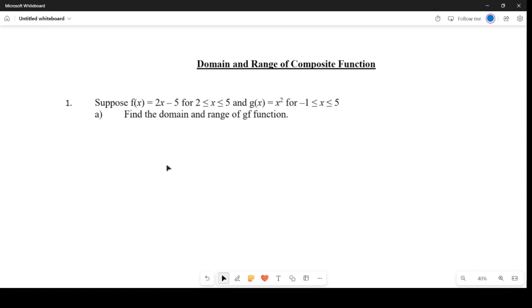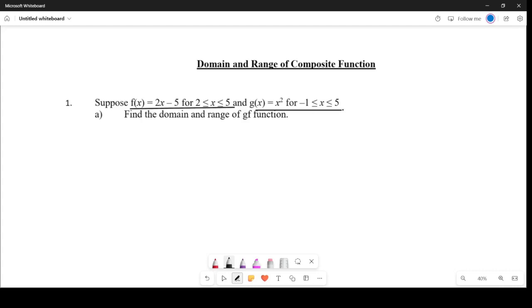So fx is 2x minus 5, and its domain is 2 to 5. And gx is x square, and its domain is minus 1 to 5. Find the domain and range of gf function.